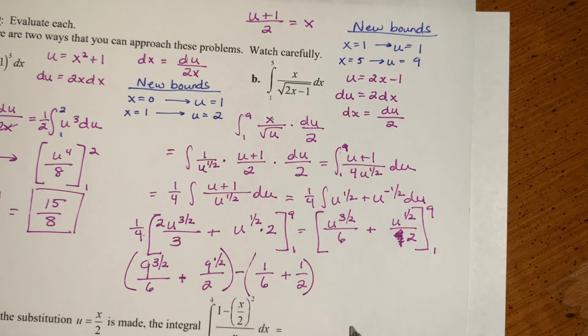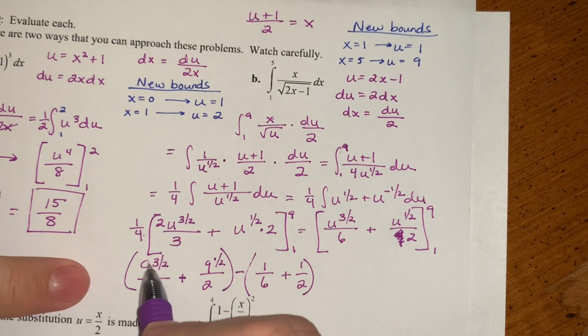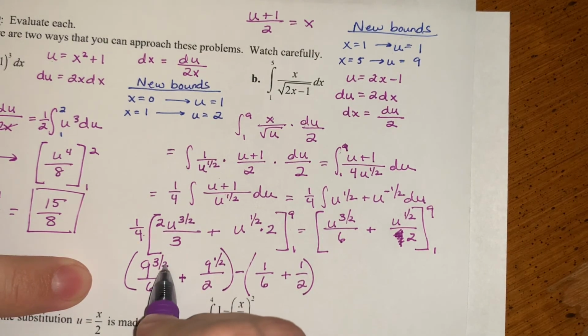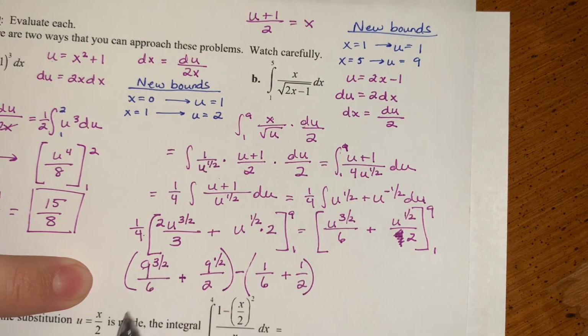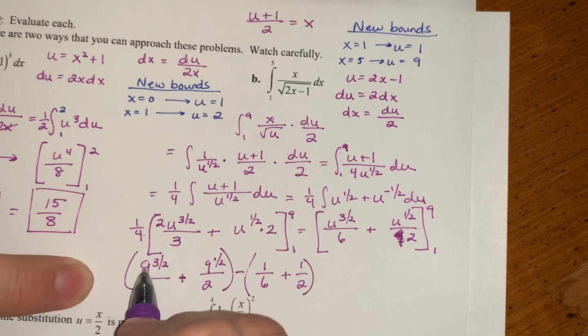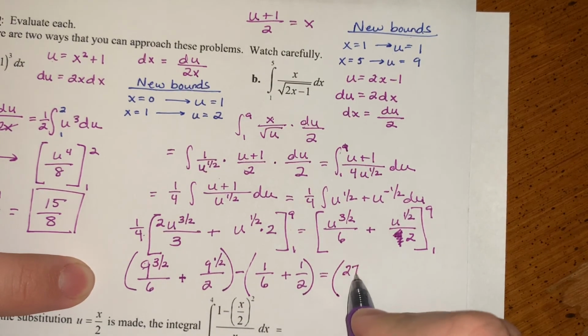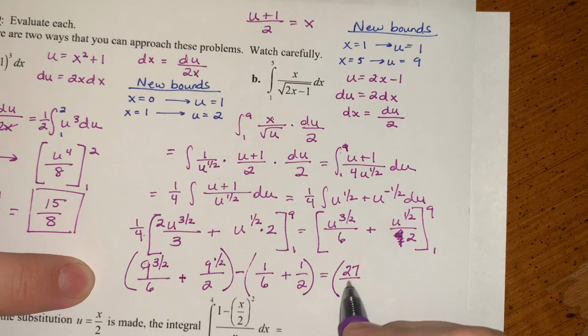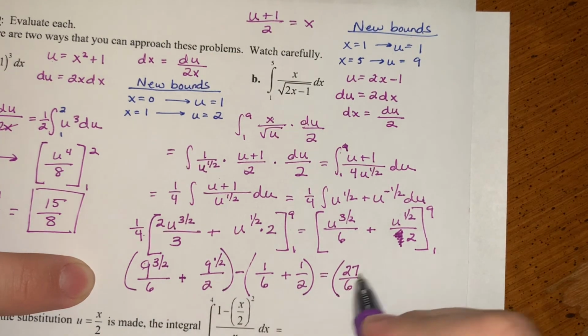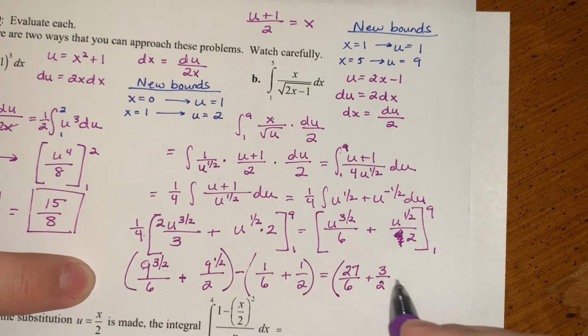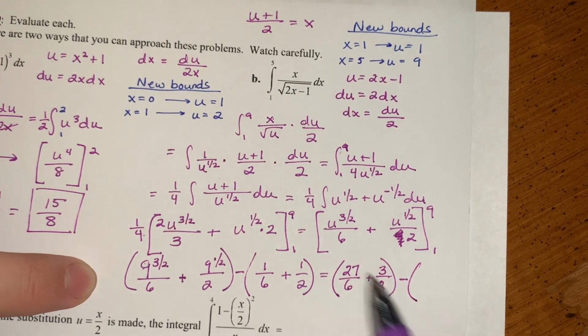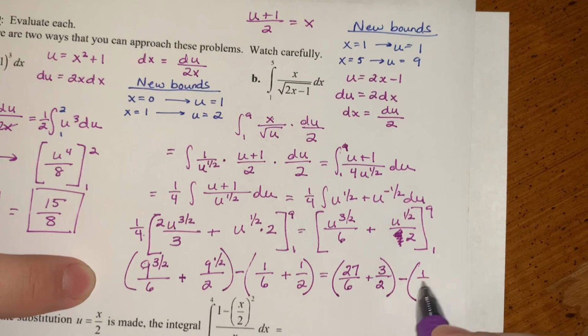Okay, I should have given myself more space here. So 9 to the 3/2. First of all, I can do 9 to the 1/2 first and then cube it, right? So 9 to the power of 1/2 would be the square root of 9, which is 3. 3 cubed is 27. So this will be like 27 over 6. And then 9 to the 1/2, that's the square root of 9, so plus 3 over 2 minus. And then I have 1/6 plus 1/2.